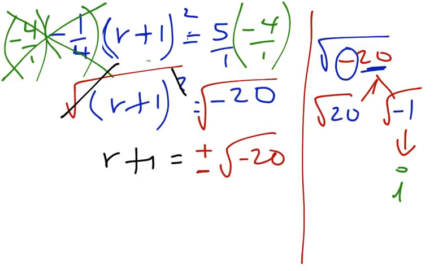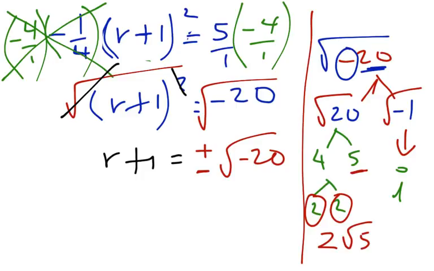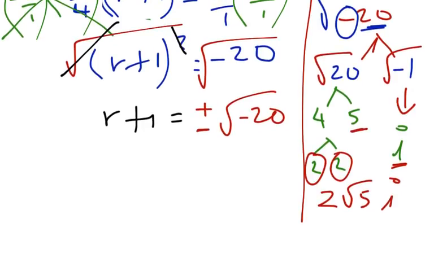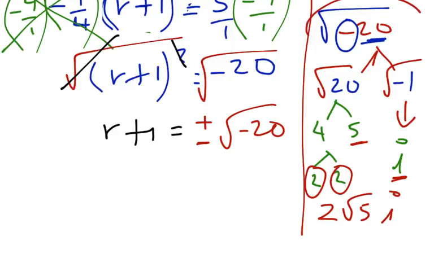Now the 20, we need to break the 20: 4 times 5. 4 is 2 times 2, so 2 is coming out. Is this 5 coming out? Nope, so it stays inside the radical. And I have my i. So the square root of negative 20 here is equal to 2 square root of 5i.